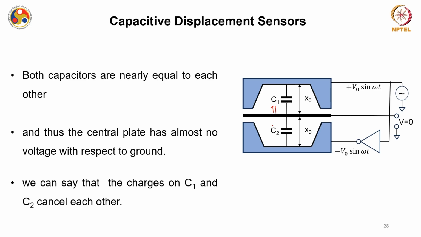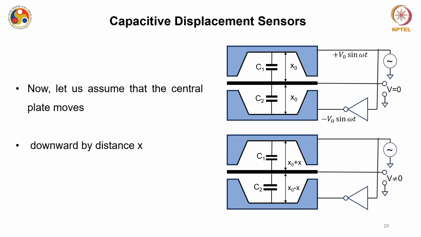Therefore the central plate has almost no voltage with respect to ground, and that's why I mentioned that the voltage at the central plate is 0. So we can indirectly also say that the charges on capacitor C1 and capacitor C2 will cancel each other.